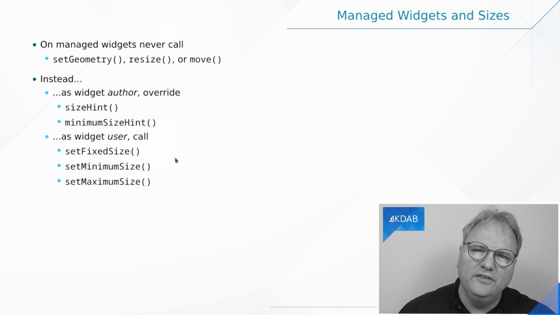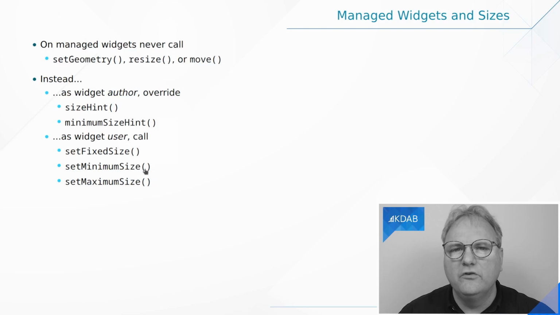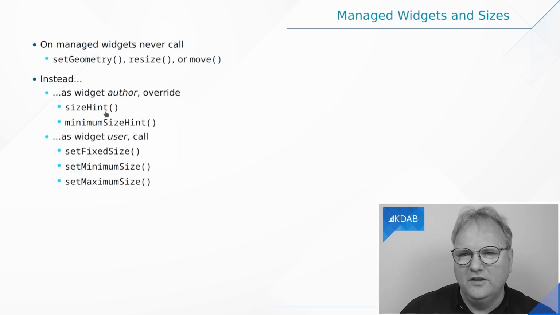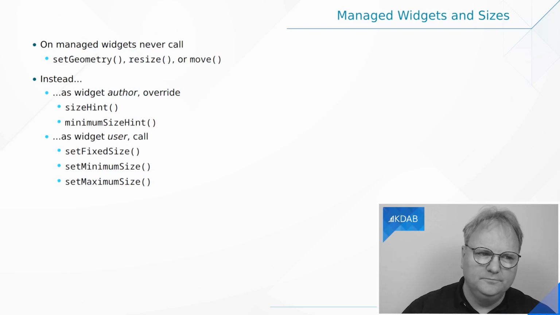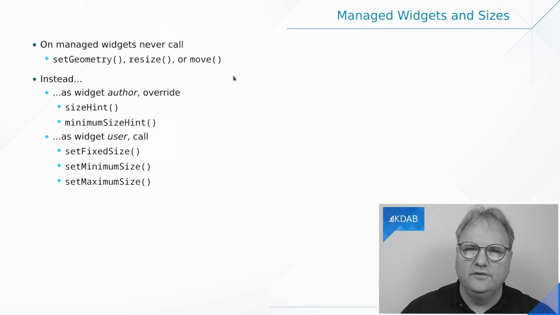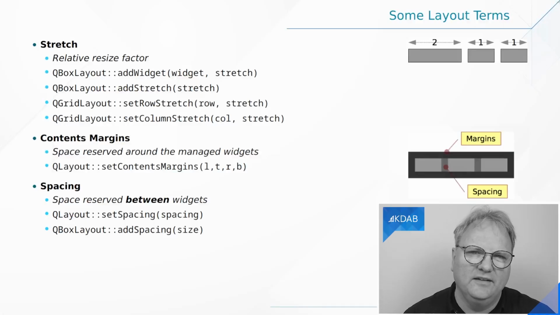What you specify there is, for example, that it shouldn't be less than this width, with setMinimumWidth. And what Qt will then do is override the answer from the sizeHint or the minimumSizeHint to take yours into account. So never, ever call any of these three methods on a widget that has a parent that is in a layout. So that was sizeHint and minimumSizeHint, and the set minimum, maximum, fixed width, height and size.